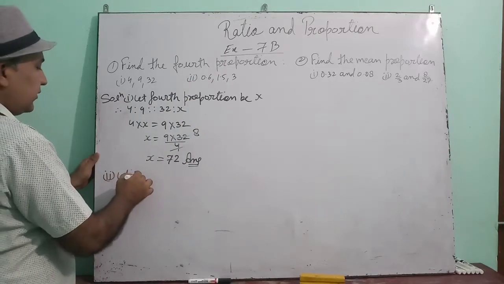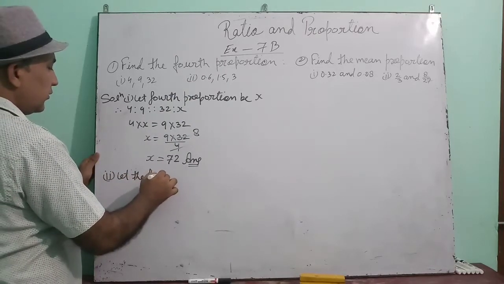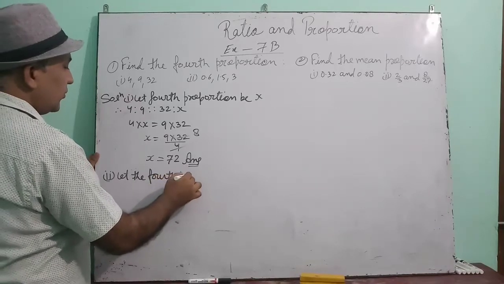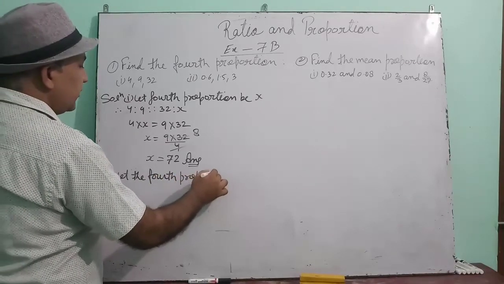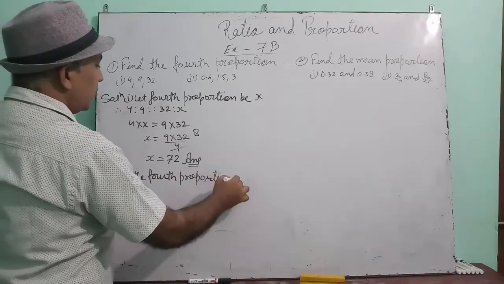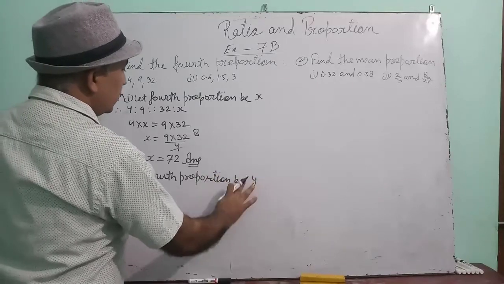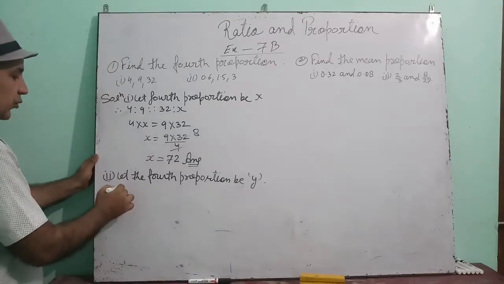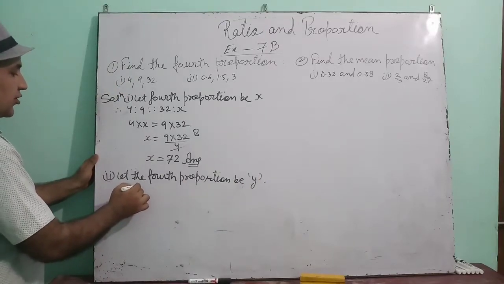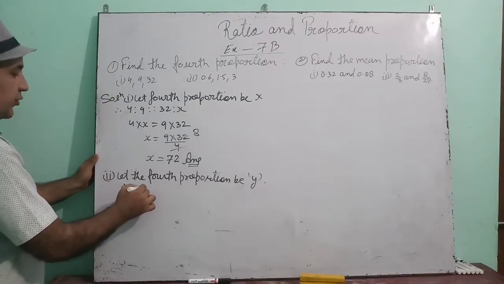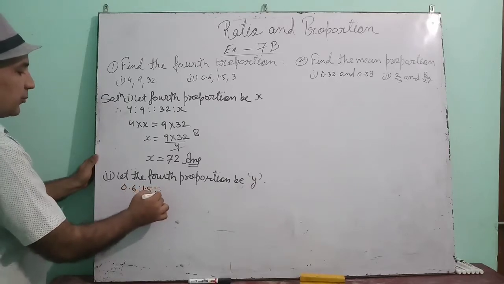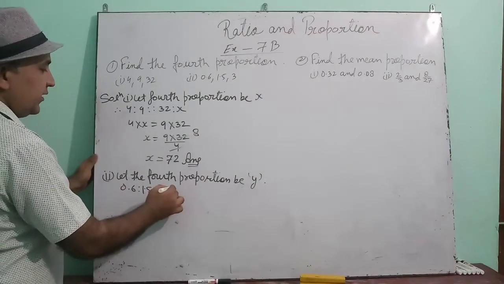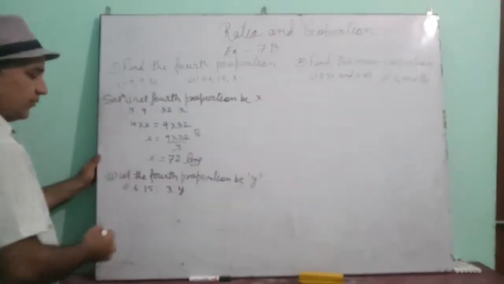Again, let the fourth proportion be y. I am taking fourth proportion y. So 0.6 ratio 1.5 proportion to 3 ratio y.